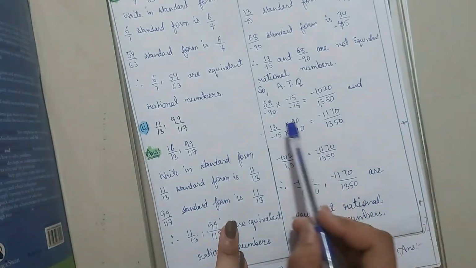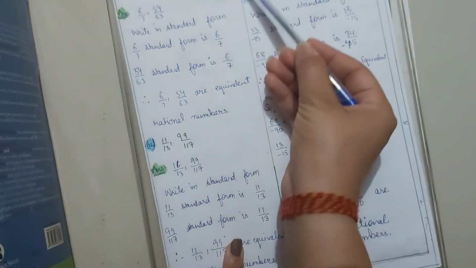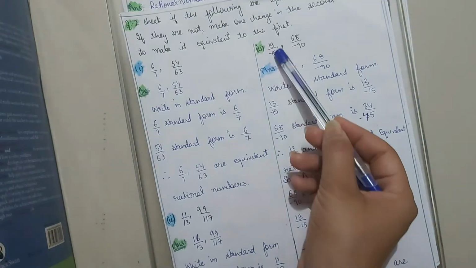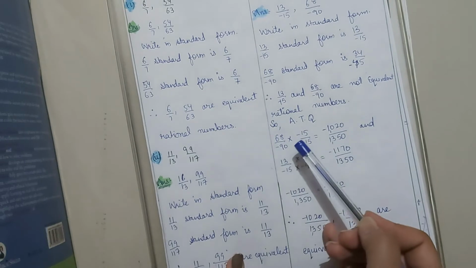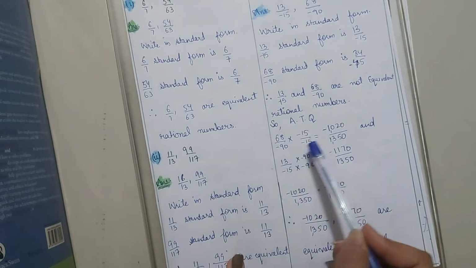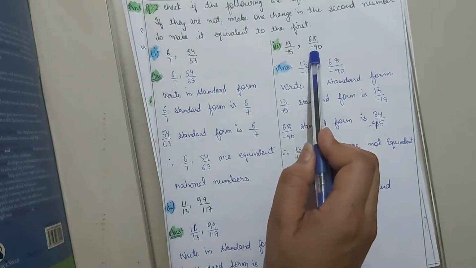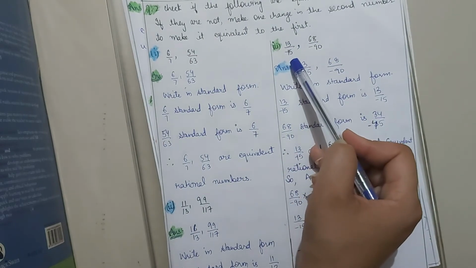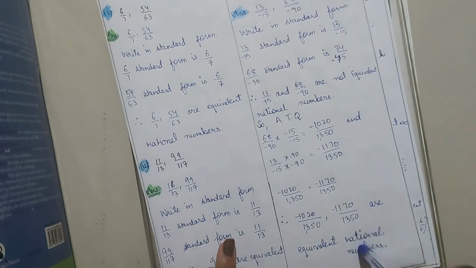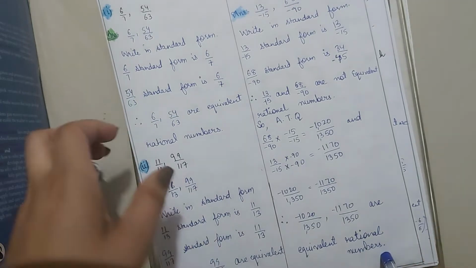So what we have to do, just multiply the denominator of the second to the numerator and denominator of the first. That is the answer. Next, the denominator of the second to the numerator of the first and denominator of the first. So simply these two numbers are equivalent to each other.